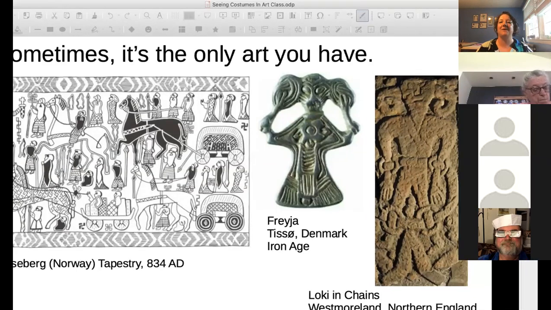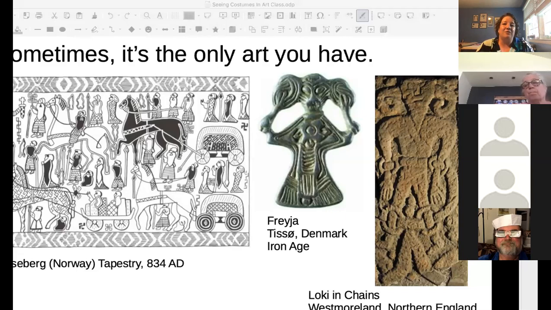All right. There we go. Okay, so how do you choose art to trust? Sometimes it's the only art you have. I've done a fair amount of research on the Vikings, the Norse, and they don't leave you a lot of art. What you have is runestone art, some Valkyrie pendants, a bunch of carvings, a couple of tapestries, and then this amount of fabric from a grave or a boat or a dig somewhere, and you have to ask, does this match what I'm seeing here?